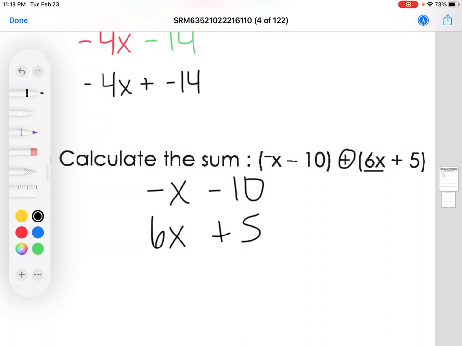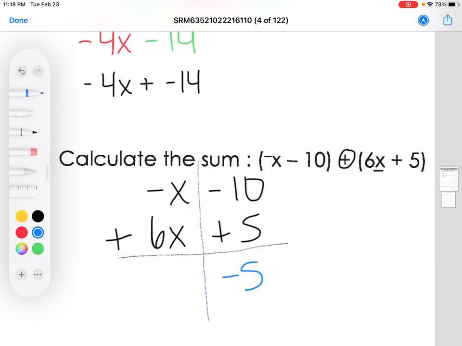So when you solve this, just like before, I want to use the symbol in front for my sign. So I'm going to draw a line here to separate the two different types of terms. And then now I just add just like you would if you had 6 plus 4. So I have negative 10 plus 5, which would be negative 5.